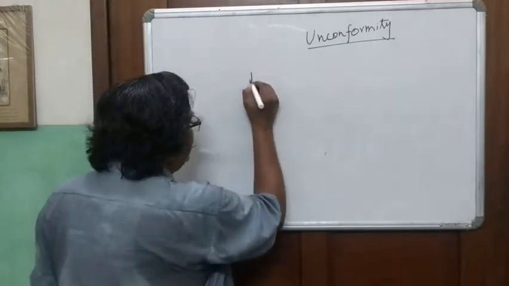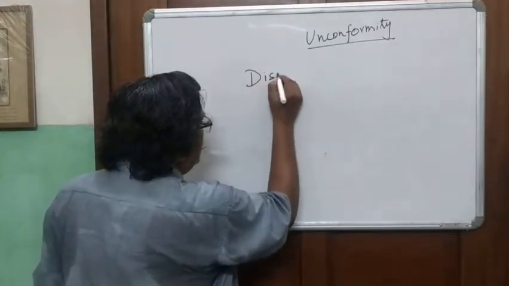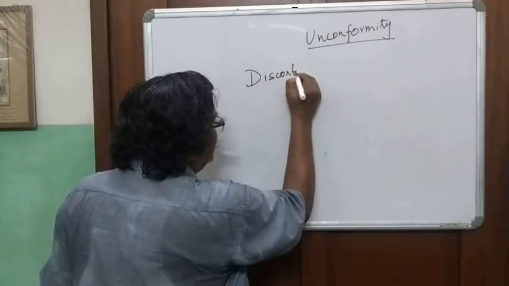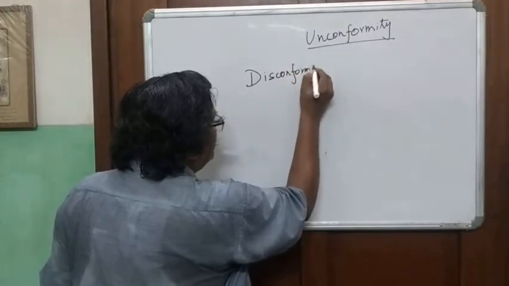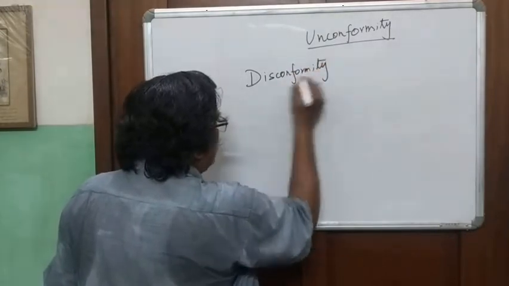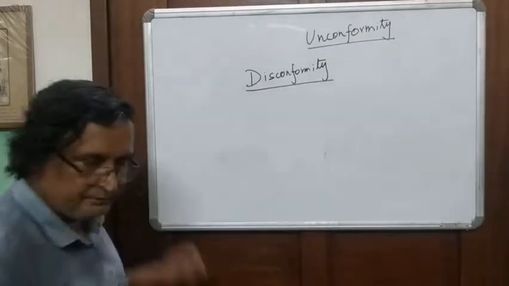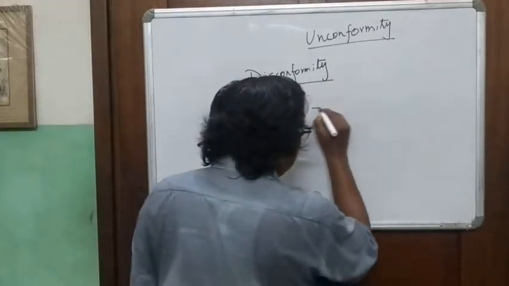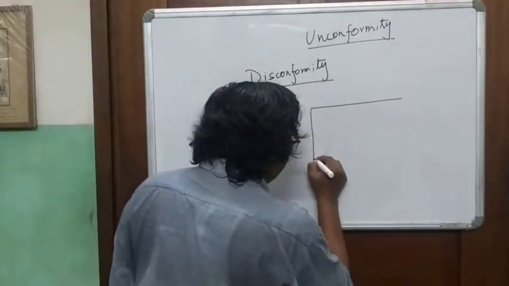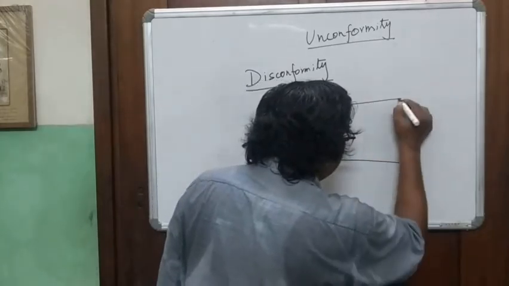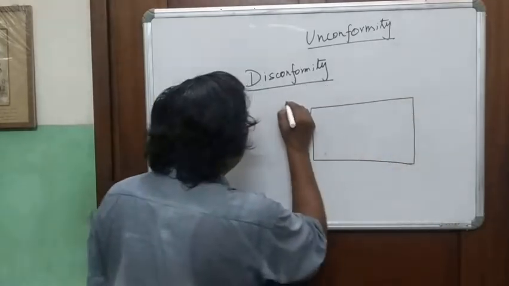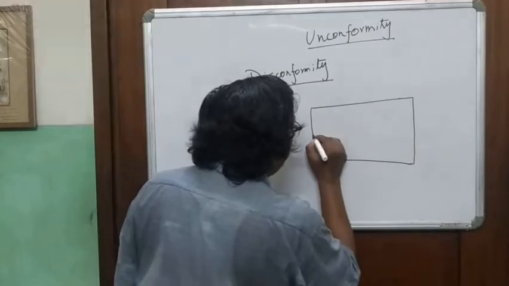Another type of unconformity is called disconformity. Disconformity. What is this? Here, this is a geologic section. Here is the unconformity.